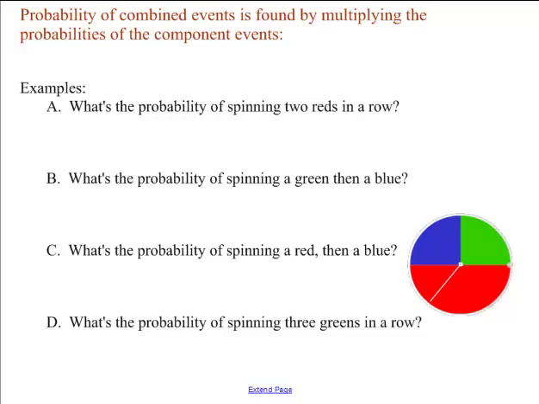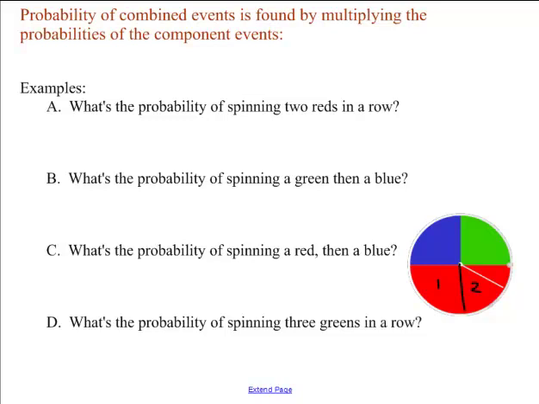So let's do some more problems. What's the probability of spinning 2 reds in a row? Well, the probability of getting a red on my first spin of this spinner over here is, it's kind of cut into fourths, and red occupies 2 of those fourths.